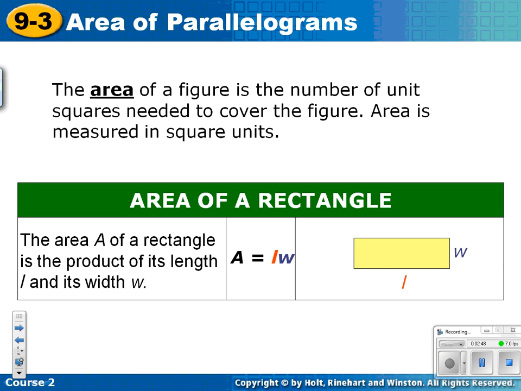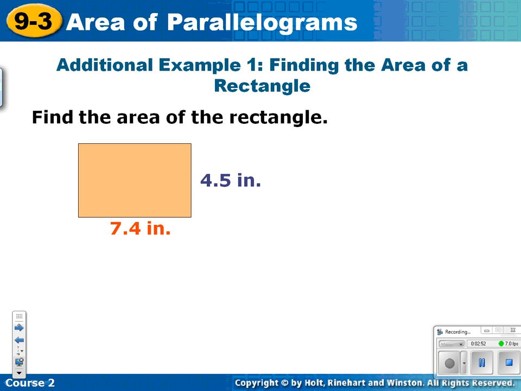Now, rectangle, obviously, there's your length and your width. On a problem like this, you find the area of the rectangle. Well, all we do is plug it into our formula. A equals L times W. We have a length and a width, don't we?